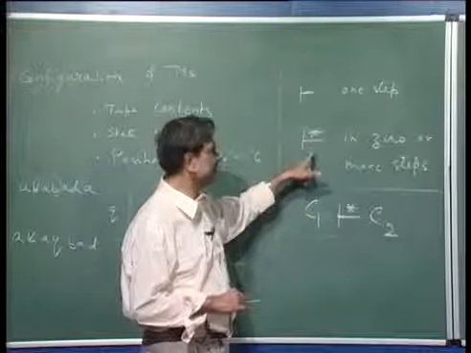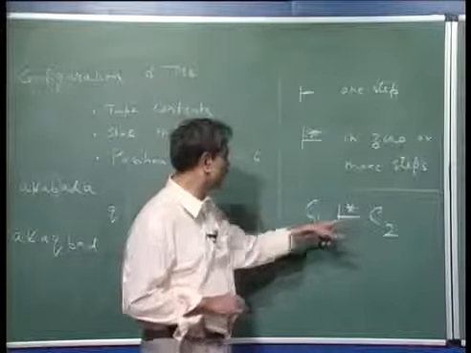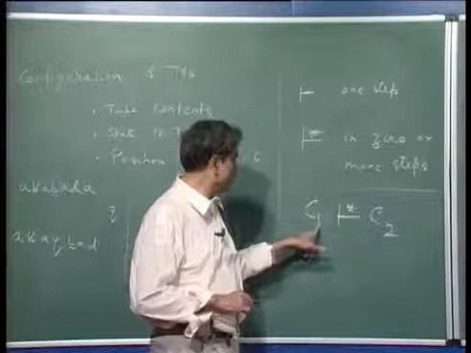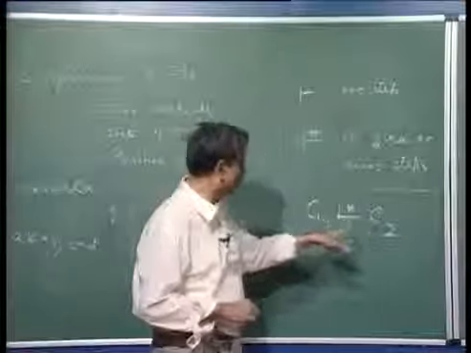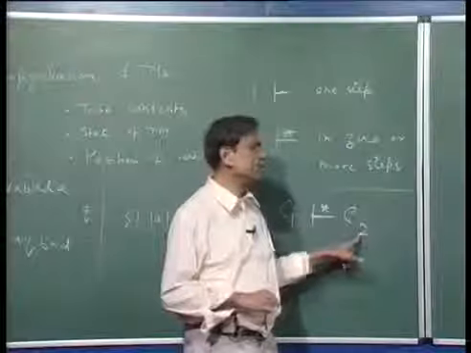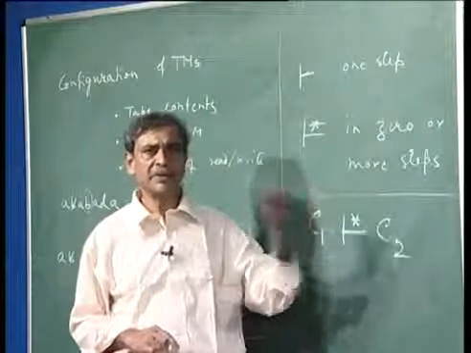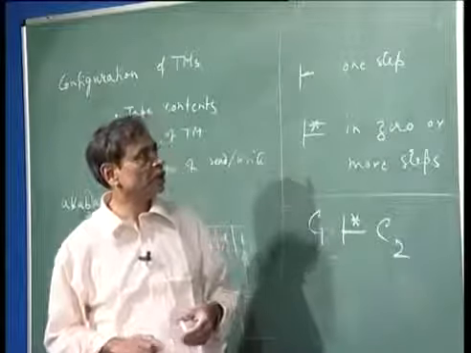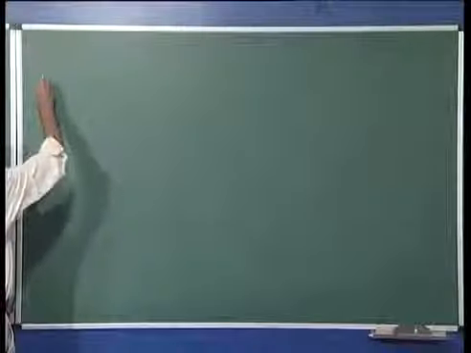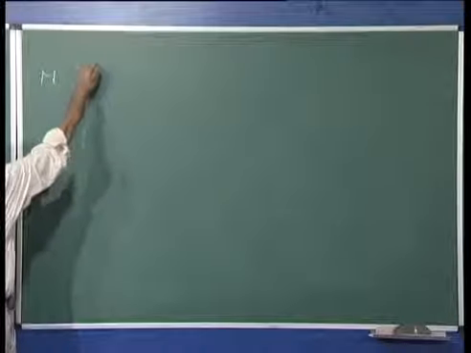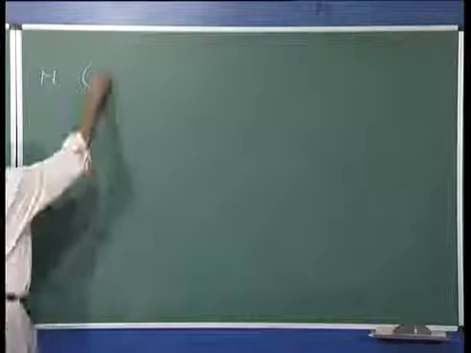This relation relates two configurations provided from the first you can go to the second in 0 or more steps using the Turing machine which you have in hand.